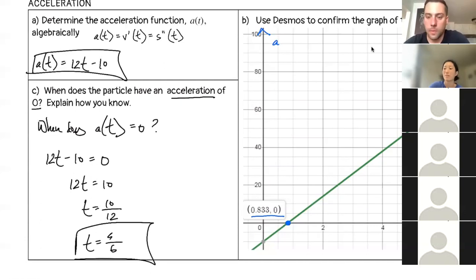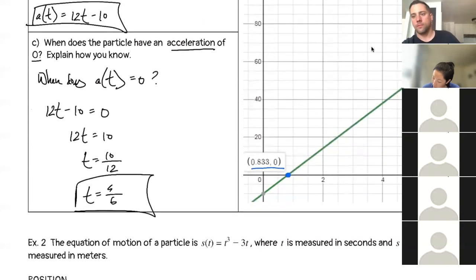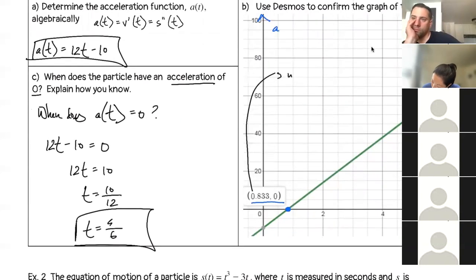Let me show you something really cool about this. Let's remember that number for a second, 0.833. That's when the acceleration is 0.